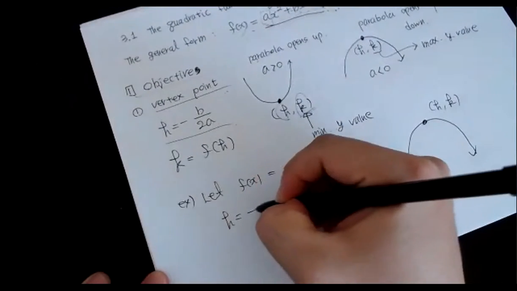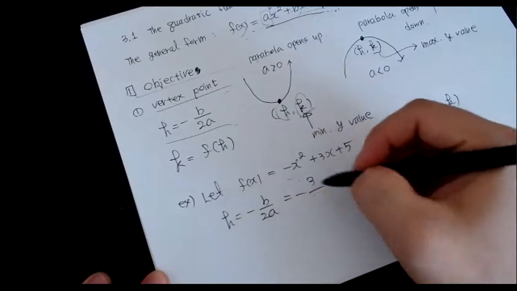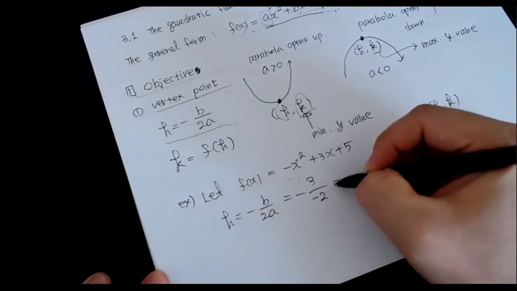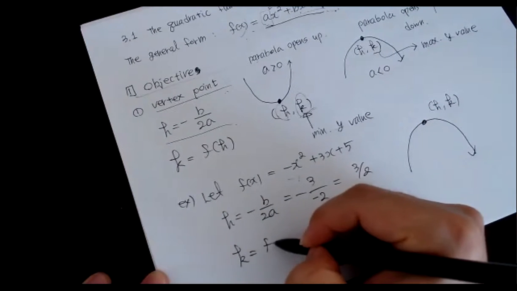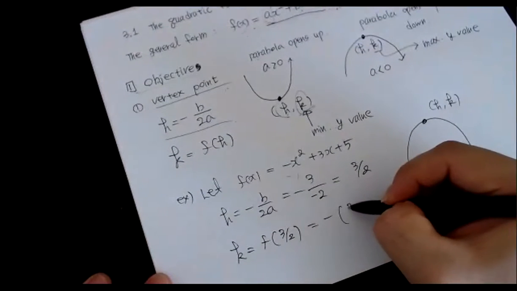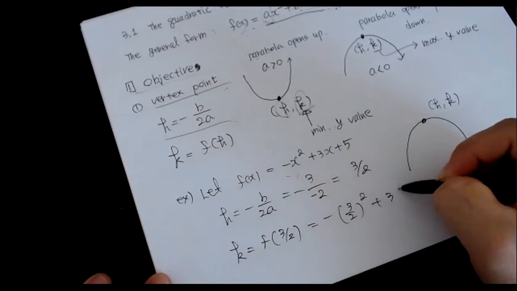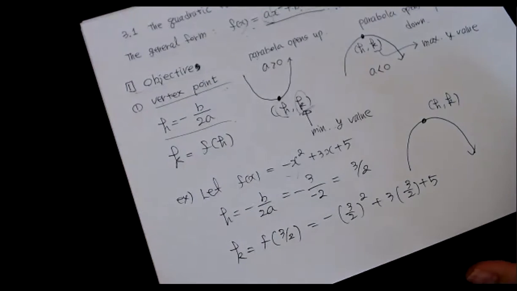So h is negative b over 2a. Here b is 3 and a is negative 1. So we got negative 3 over negative 2, which is 3 halves. And k is going to be f of 3 halves. So this is going to be negative 3 halves squared plus 3 times 3 over 2 and then plus 5. Let me use a calculator.